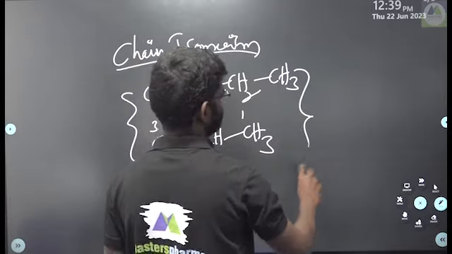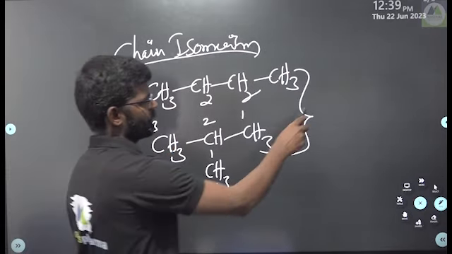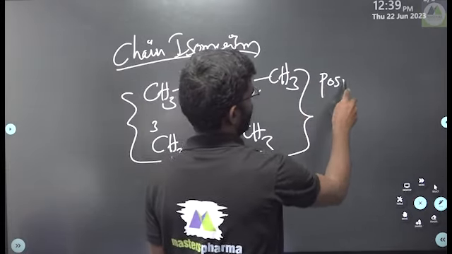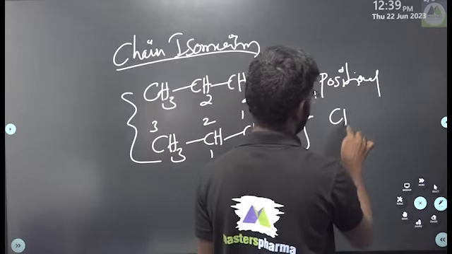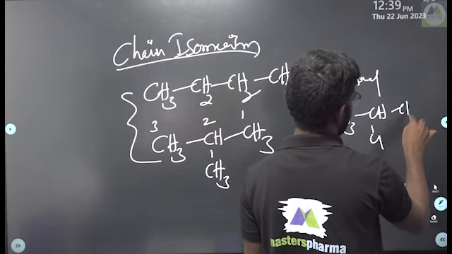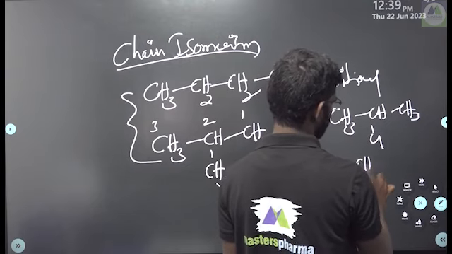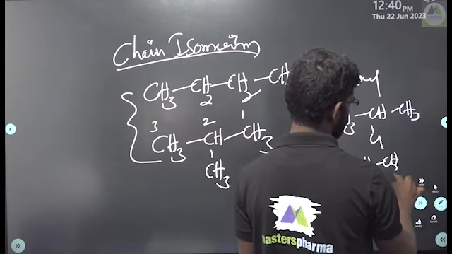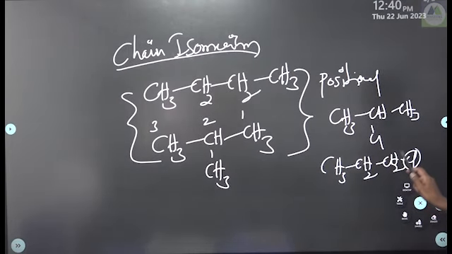These are almost similar to positional isomerism. A positional isomerism example is CH3, CHCl, CH3, and CH3, CH2, CH2, Cl. Here the Cl is at the second position and there at the first position.